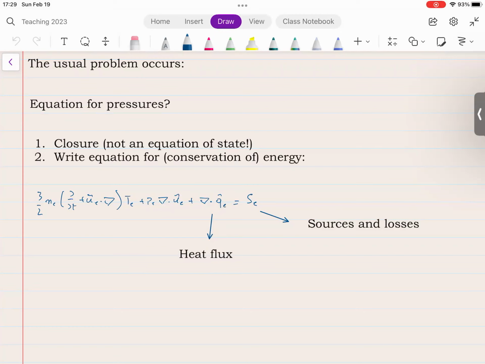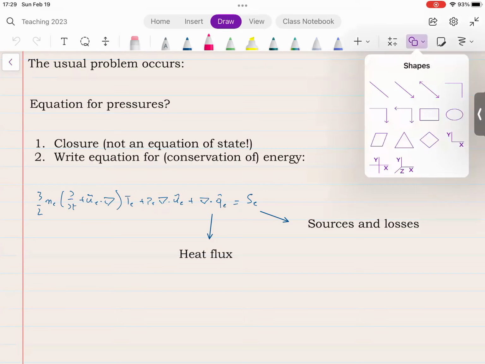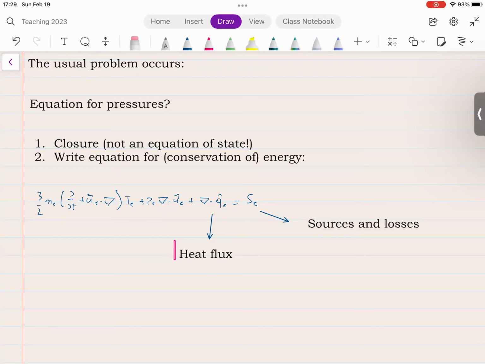However, I don't have anything for the heat flux. I can make assumptions on the shape of the heat flux, and that's going to be a different type of closure. But if I don't, I need to carry on my derivation and figure out what's the conservation equation for the heat flux.